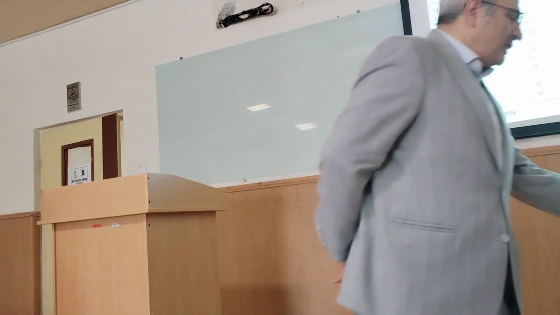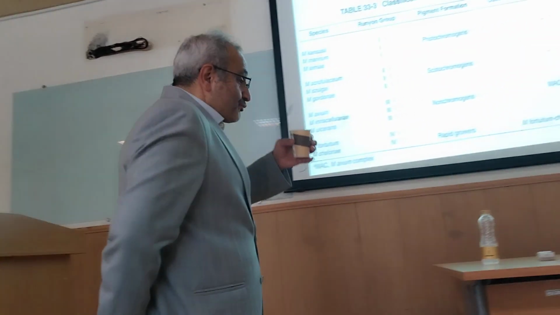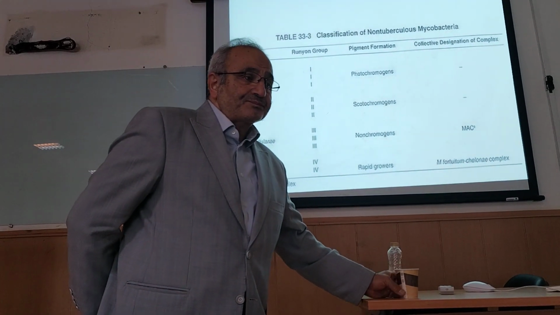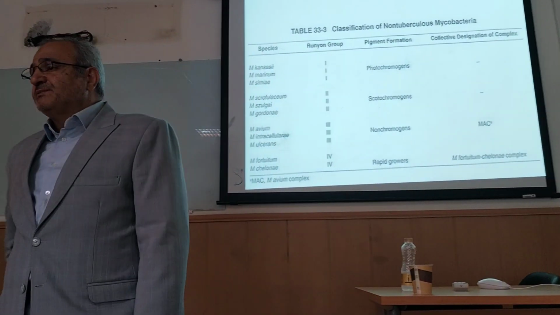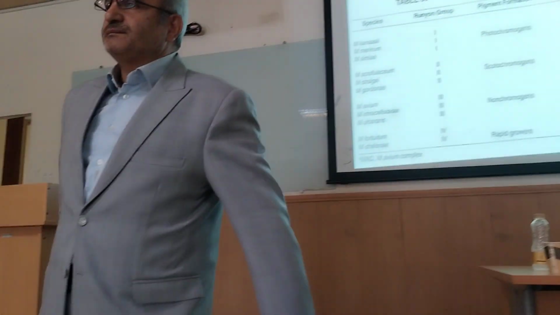Among them are Mycobacterium or M. kansasii, M. marinum, and M. simiae. Kansasii and simiae cause mainly pulmonary infection, but marinum is a disease transmitted from the fish to humans.